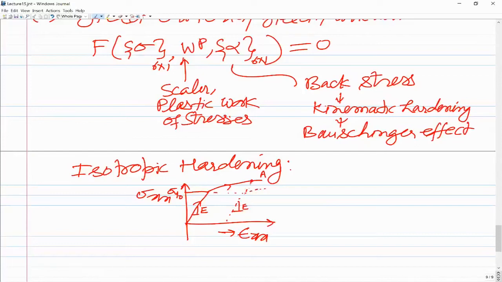But if we do the unloading and then go to the compressive side, that is, compress the same specimen, it should come like this. This is a straight line, and go here.